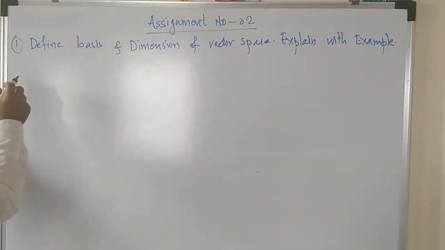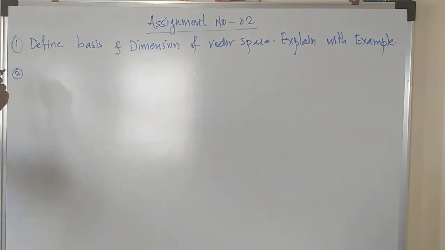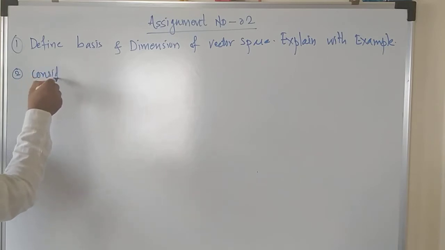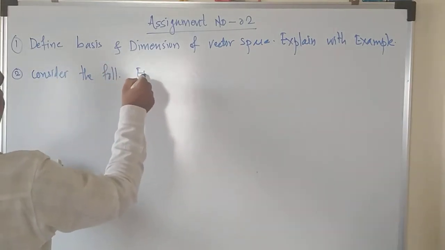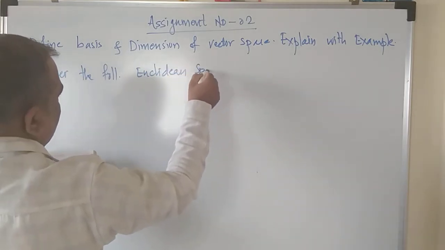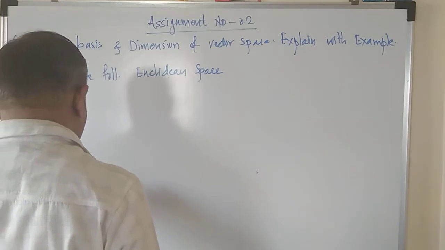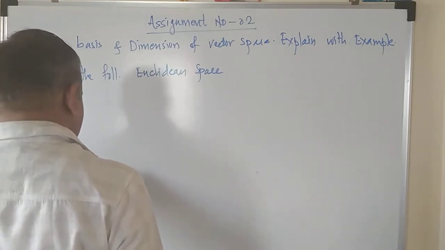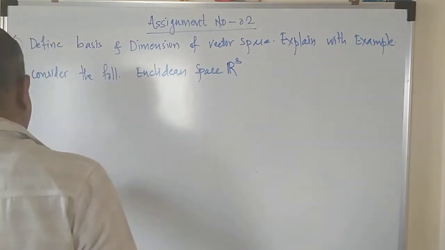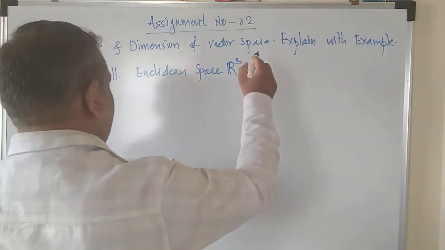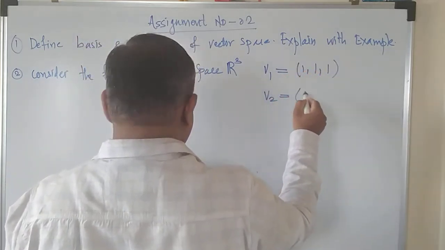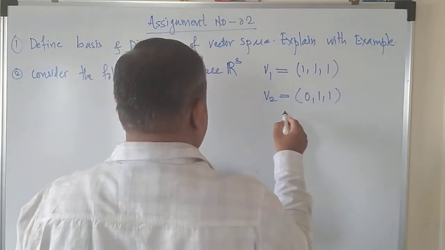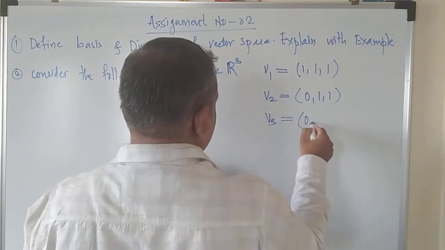The second is: consider the following Euclidean space in R cube, where the vectors are v1 equals 1 1 1, v2 equals 0 1 1 and v3 equals 0 0 1.